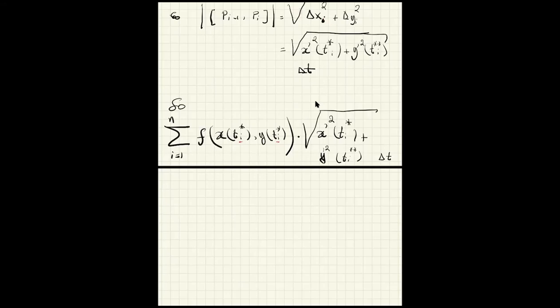Yeah. So this is one variable. Remember, this is not even a double sum. This is a one-dimensional Riemann sum. The only catch is you don't have the same t_i.